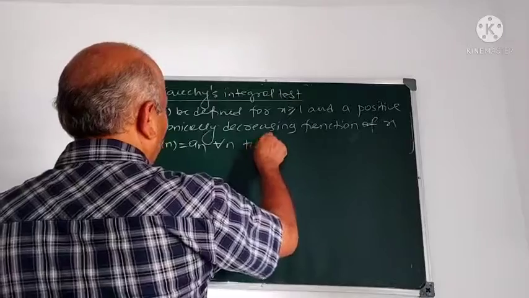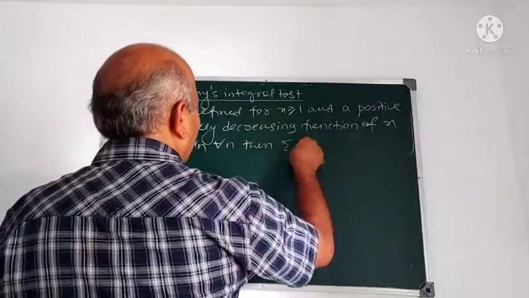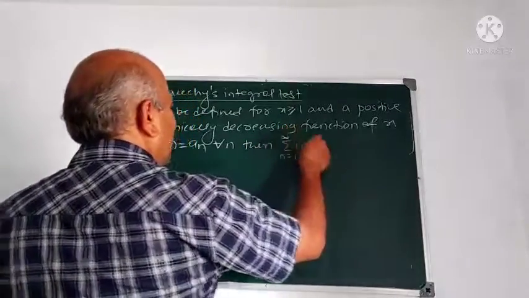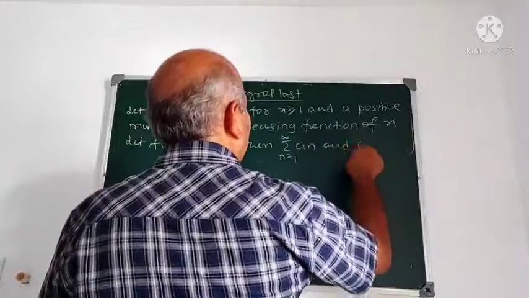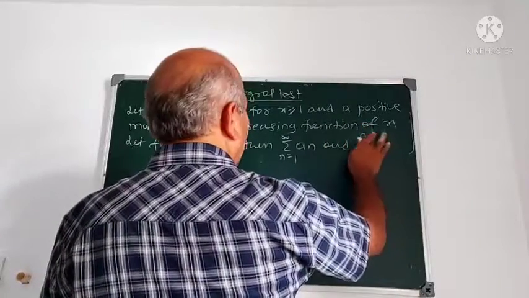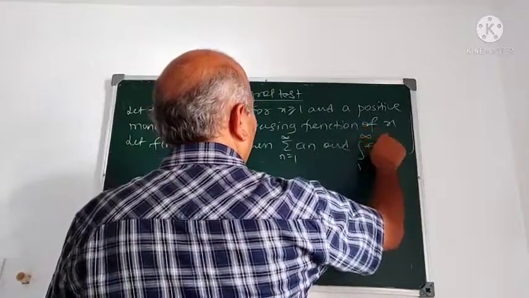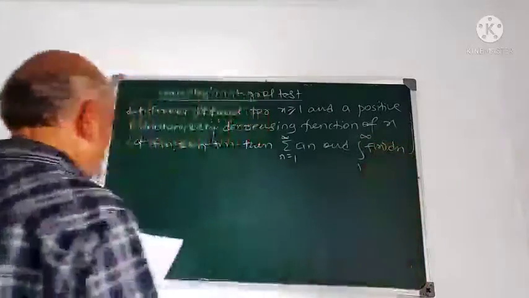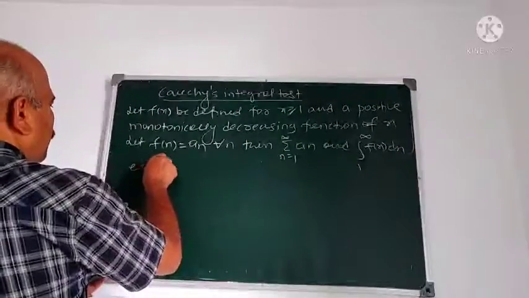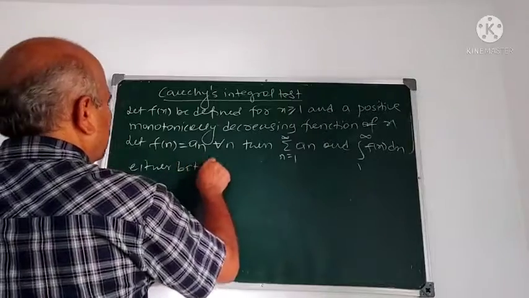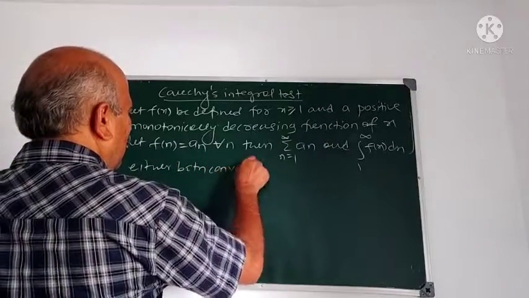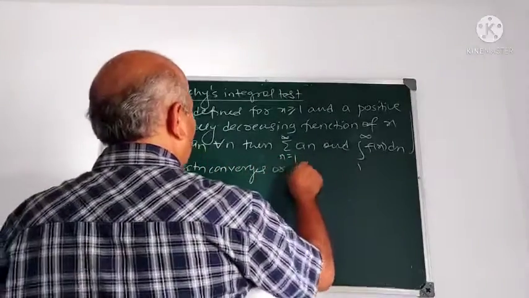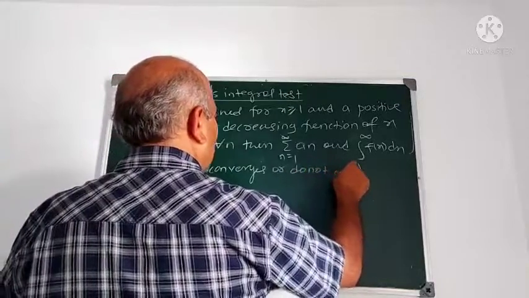Then sigma a_n, n from 1 to infinity, and the integral 1 to infinity f(x) dx either both converge or do not converge.